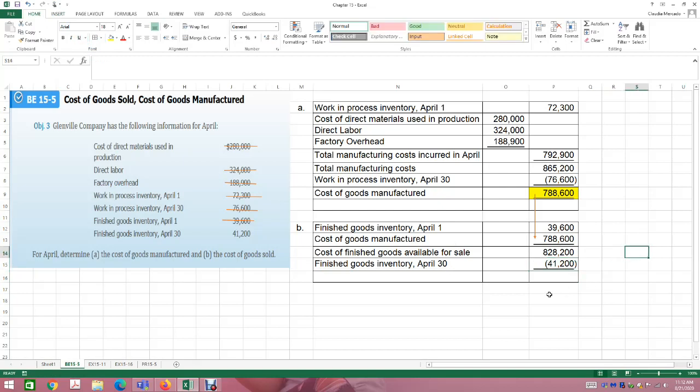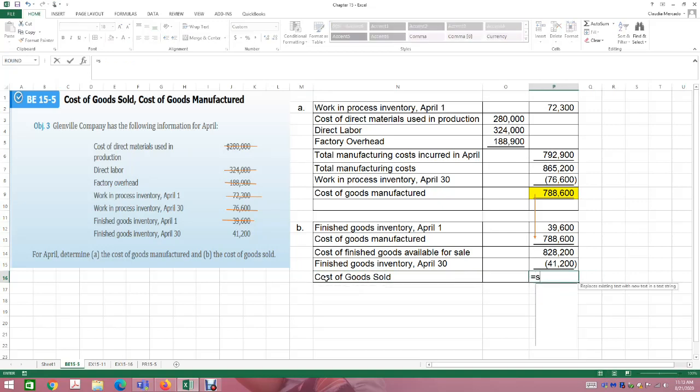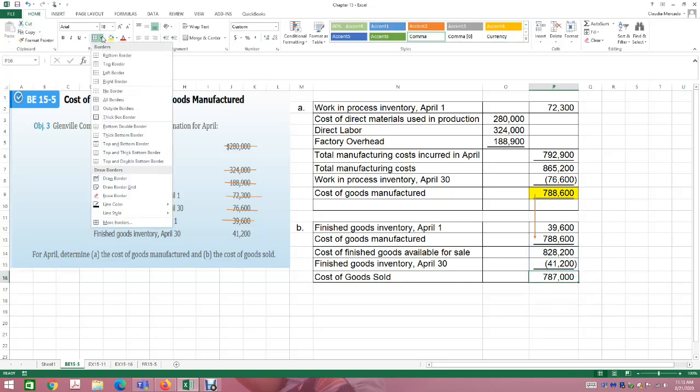So now that I know that we had cost of goods available for sale of $828,200, and I have $41,200 sitting in my warehouse, I can figure out what I actually sold. My cost of goods sold, this is what you actually sold for the month, is going to be the $828,200 minus the $41,200, and that will give you $787,000.